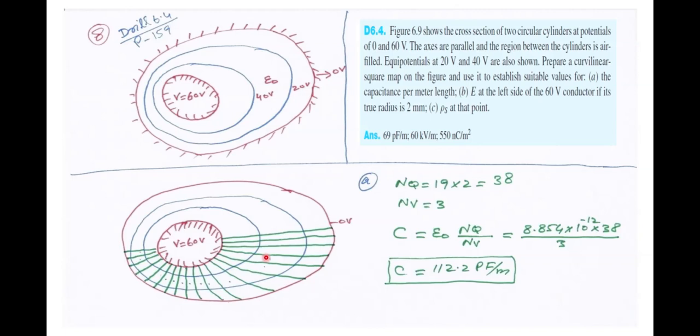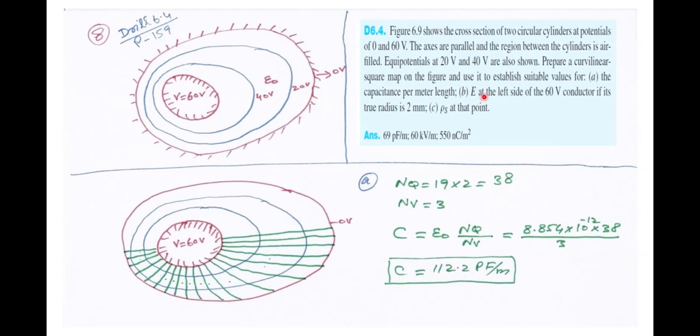So I obtain a capacitance value equal to 112.2 picofarad per meter. This is capacitance per unit length.